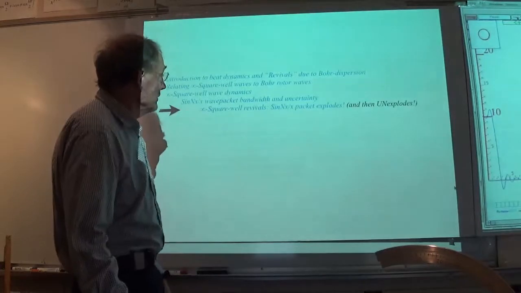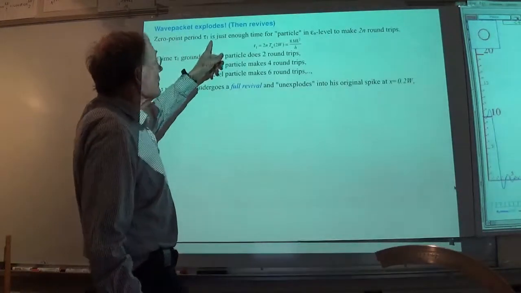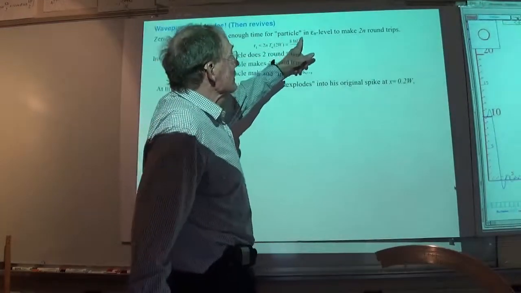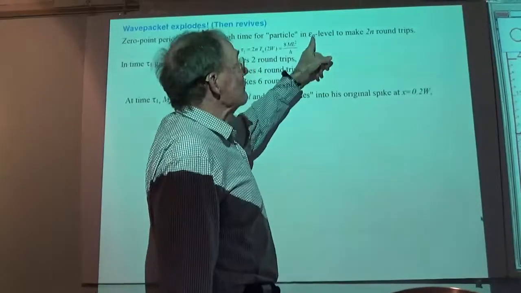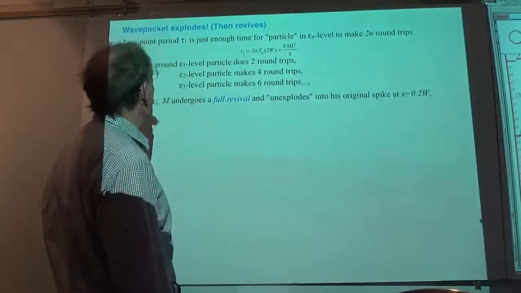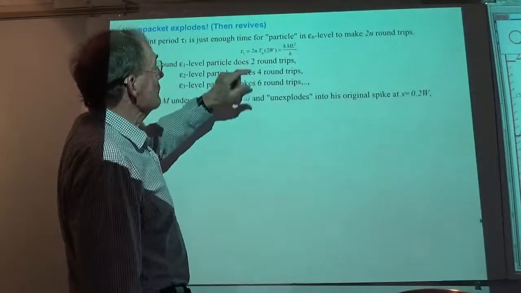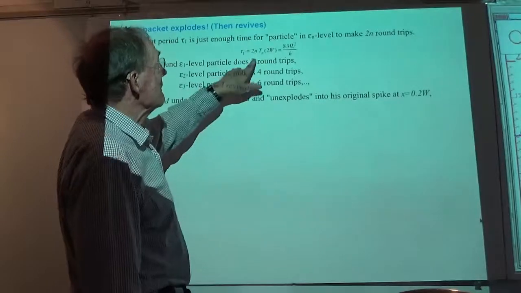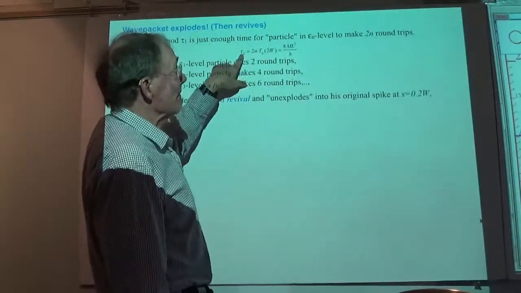Here's what it does. Now the zero point T1 is just enough time for the particle in the E_n level to make 2n round trips. The zero point tau, this one right here, we can make 2n times that, and that would give you this time.